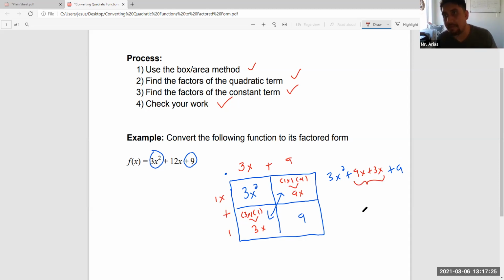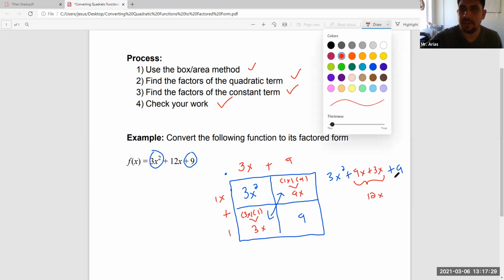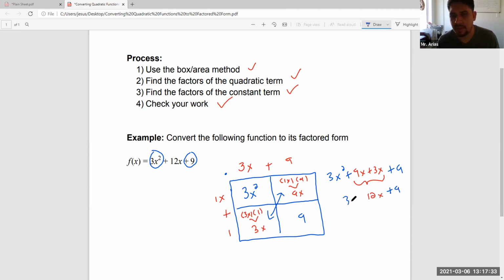So I can add them up, right? And they turn into 12x. And then if I just drag down my other terms, 3x to the power of 2, and then my 9, we actually get back the same function, which we had initially in the problem. 3x to the power of 2 plus 12x plus 9.